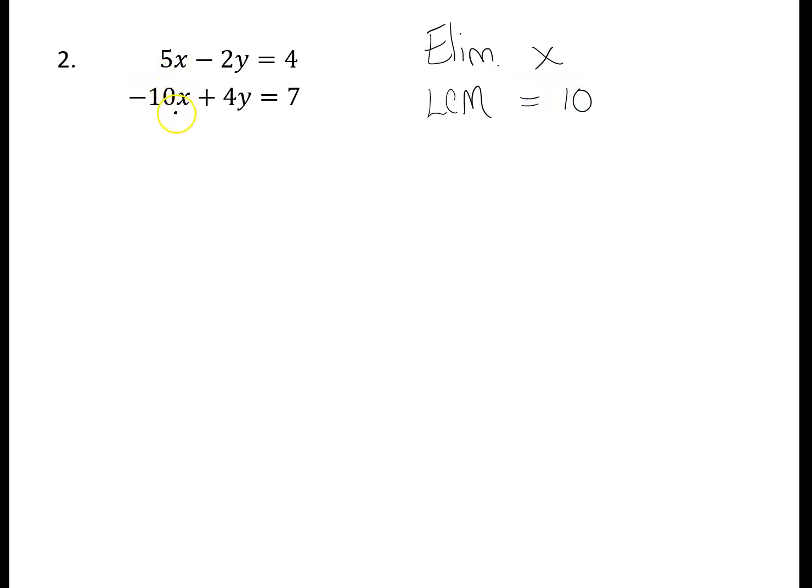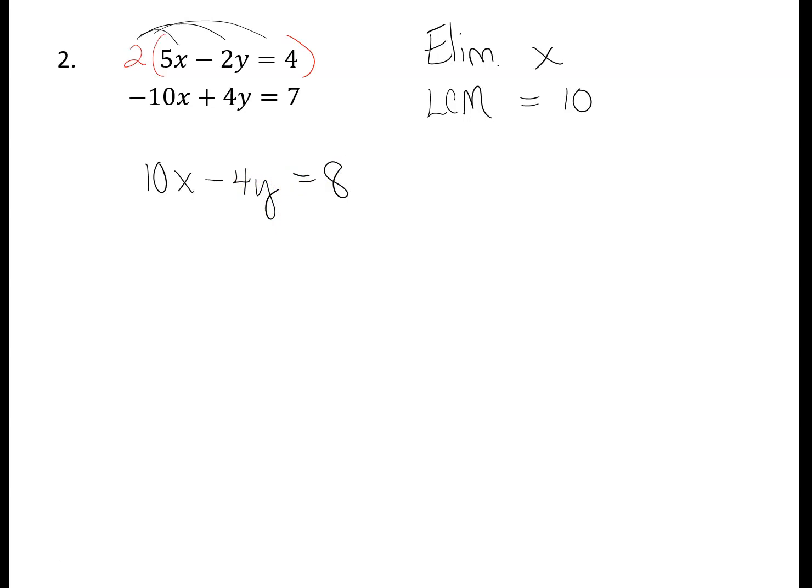So since this one is already a 10, or negative 10, then I don't need to multiply it by anything. I just need to multiply the top equation. I want to make 5 become 10, so I'm going to multiply it by 2. So we do that to all the terms, and it would become 10x minus 4y equals 8.